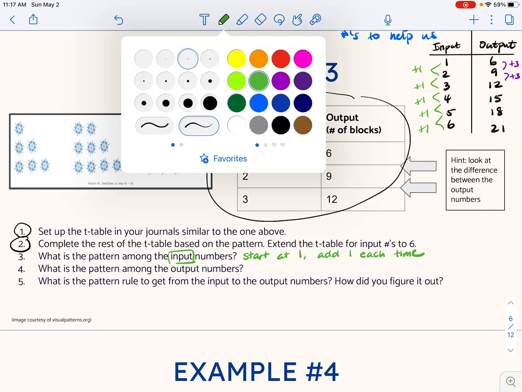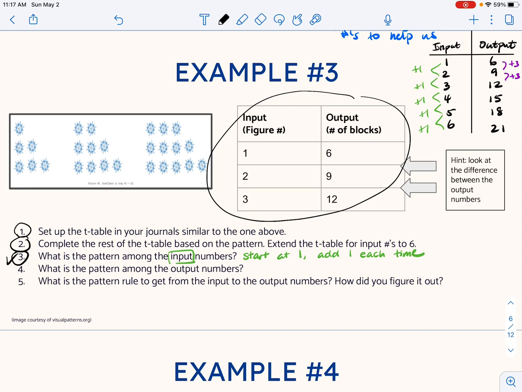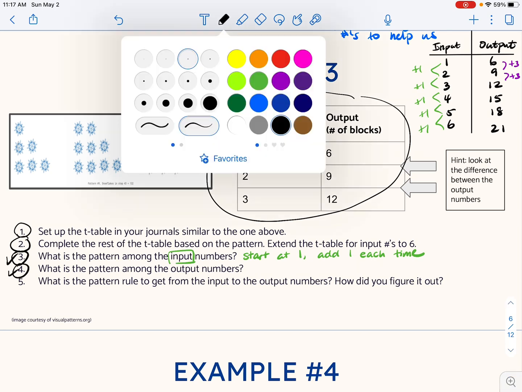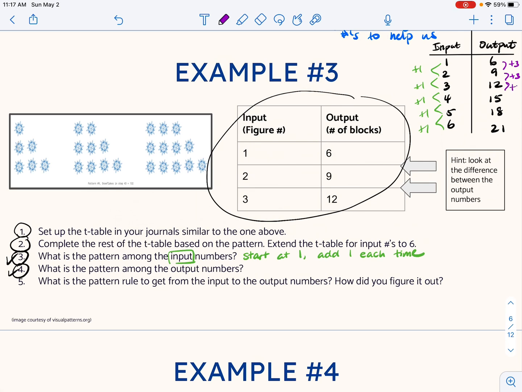Okay, so we've done step 3. Step 4, what is the pattern amongst the output numbers? So it looks like we're starting at 6 and we add 3 each time. Always indicate this just as a guide to know that you've done the checklist, right? So you're going to start at 6 for the output, and then you're going to add 3 each time.